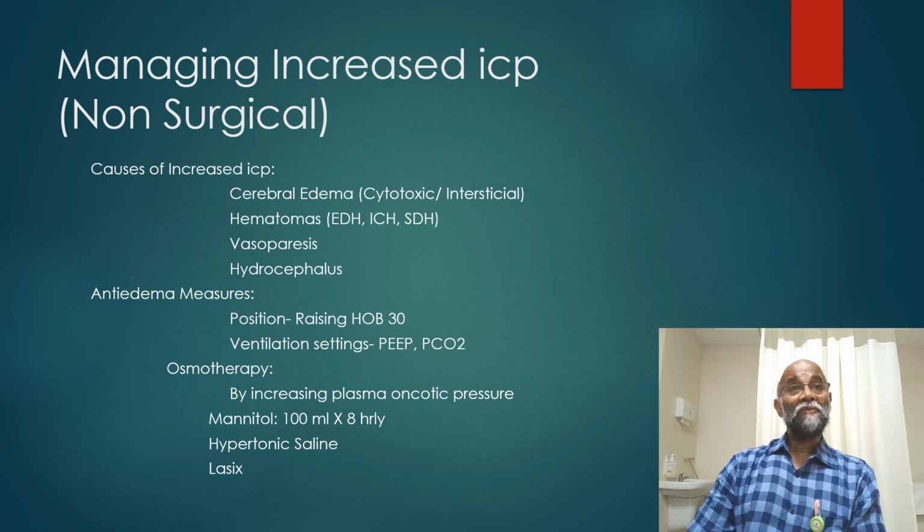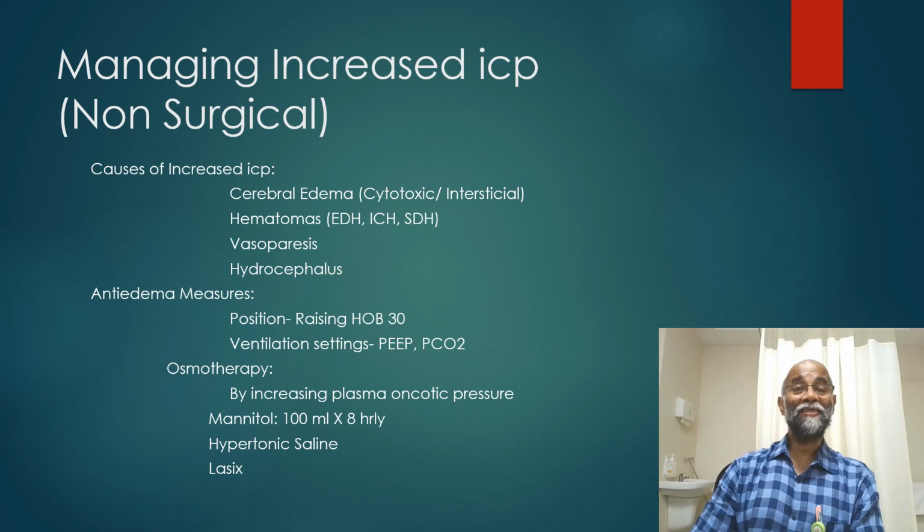There are many agents which are used for osmotherapy. Mannitol is possibly the most effective. About 100 ml of 20% is a standard dose in adults, which is considered to be low dose mannitol. Higher doses have also been used. Hypertonic saline increases the serum sodium levels when given as a slow infusion.